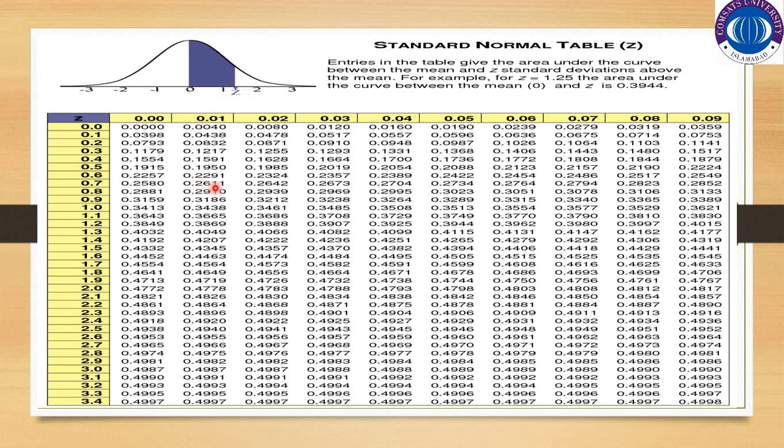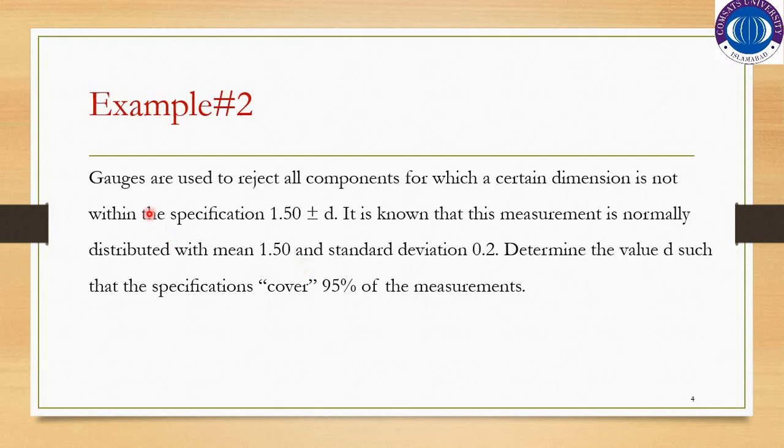And in this lecture, we are discussing how to find this value of z when we know the area between the mean and the specific value of z. So we will continue with the examples. Gauges are used to reject all components for which a certain dimension is not within the specification 1.50 plus minus d.